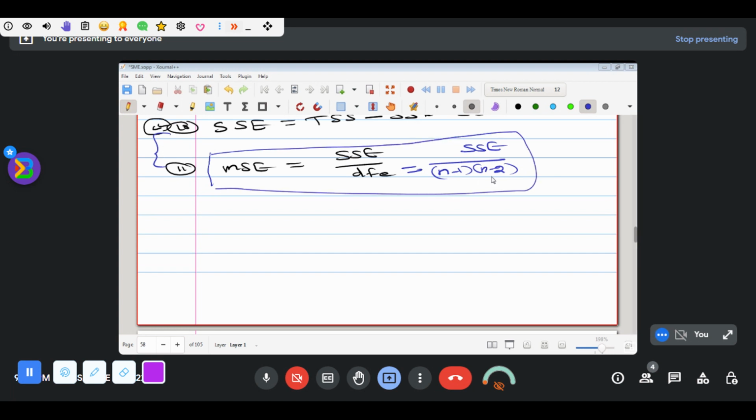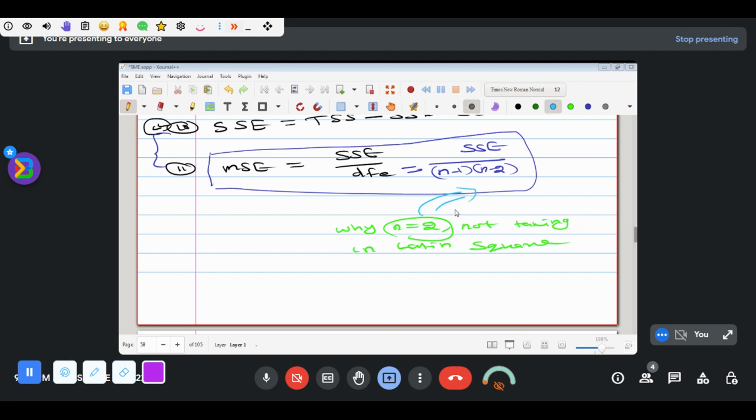Suppose n is equal to 2. Then what is the calculation here? Tell me, suppose n equal to 2, then what is the result for MSE?